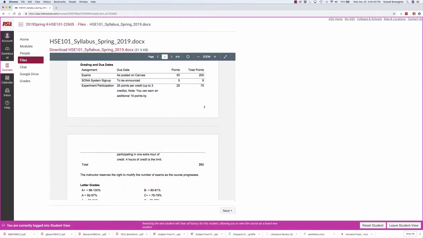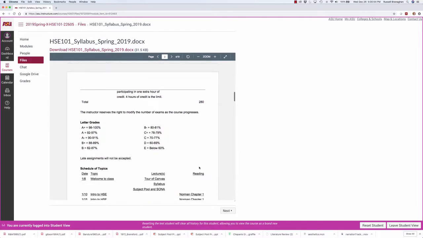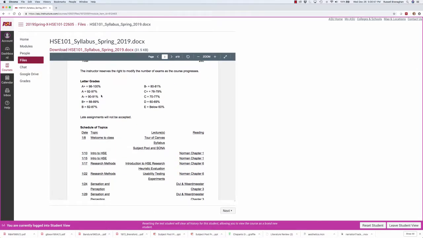So in total, there's 280 points for us to achieve during this class. So if you get 98 to 100% of those, then you'll get an A+. If it's 90 to 91%, then you'll get an A-, etc., according to this table here.